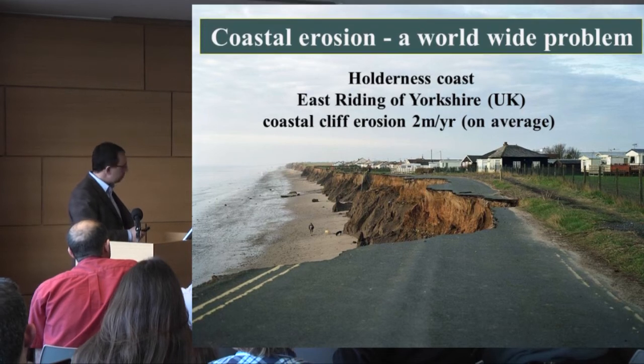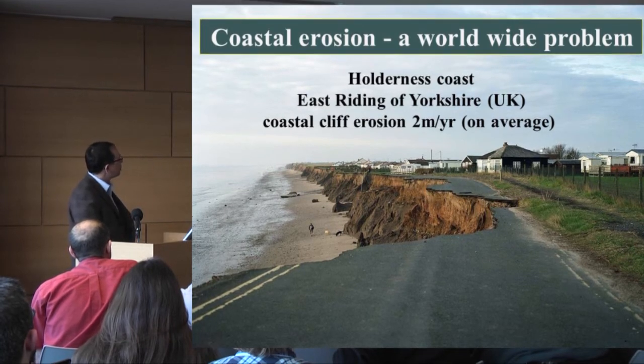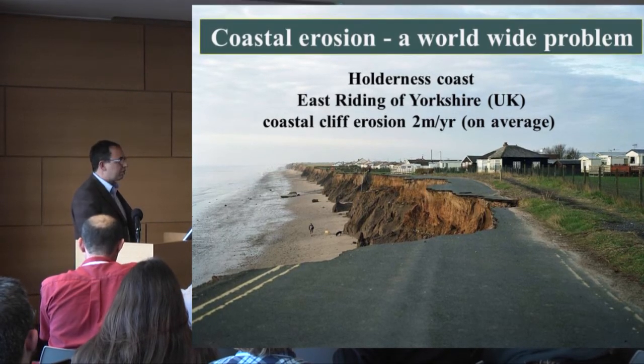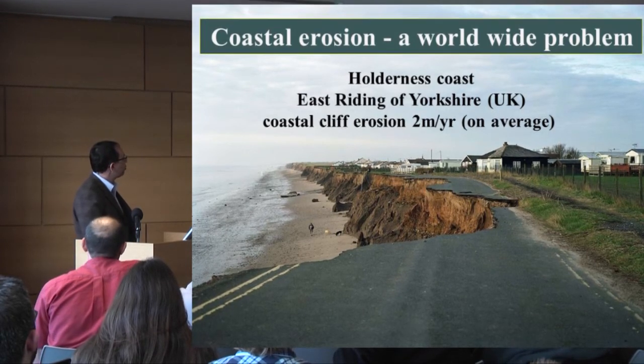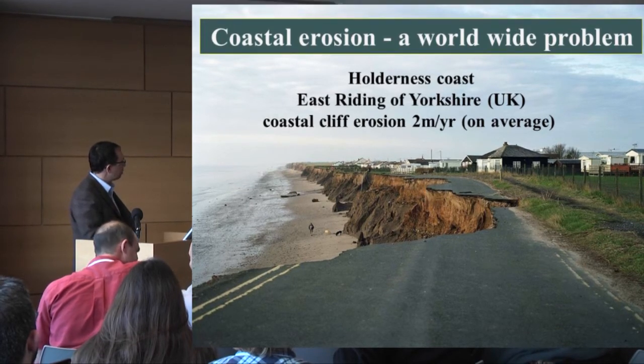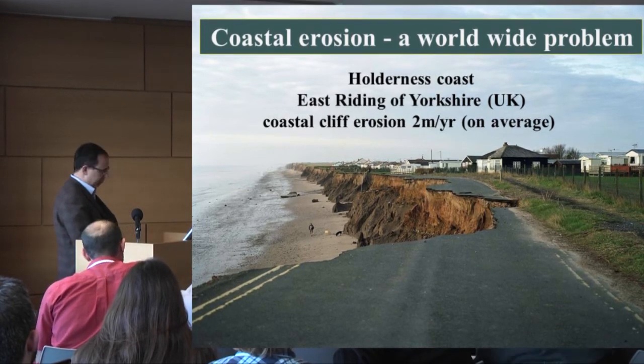You can see here in East England, this coast eroded about 2 meters per year. It's a lot. It means that in less than a century, all the residence area behind will collapse.